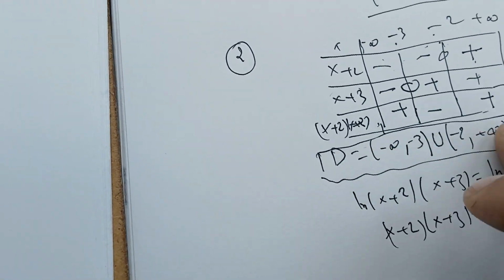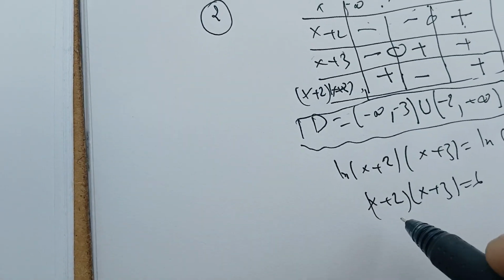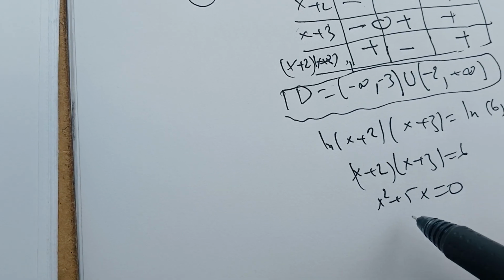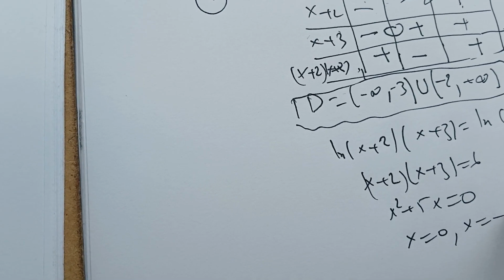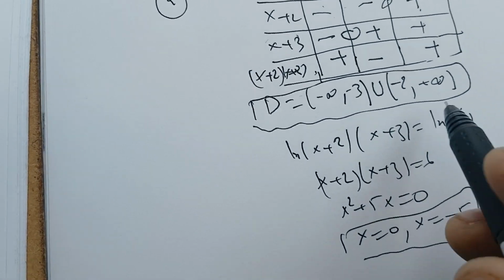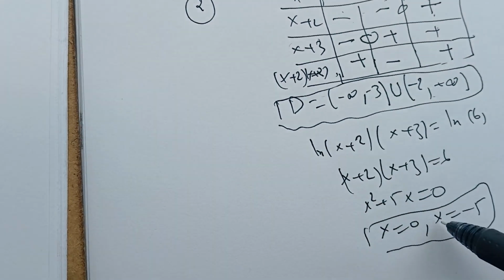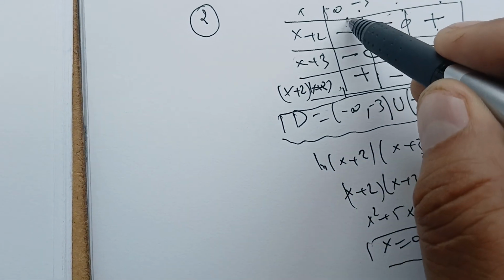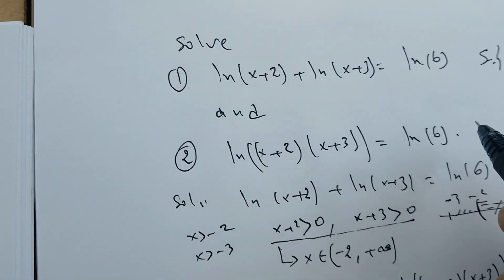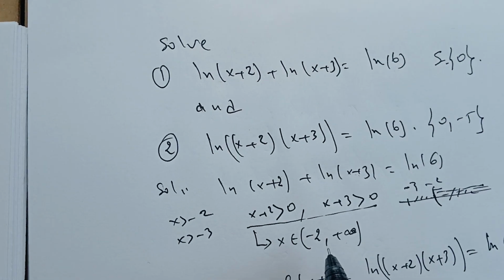Doing the same thing, we get x squared plus 5x equals 0, and x is 0 or x is minus 5. Is 0 in this domain? Yes, it's here. Is minus 5 in this domain? Yes, it's here. Therefore, the solutions for this one are 0 and minus 5.